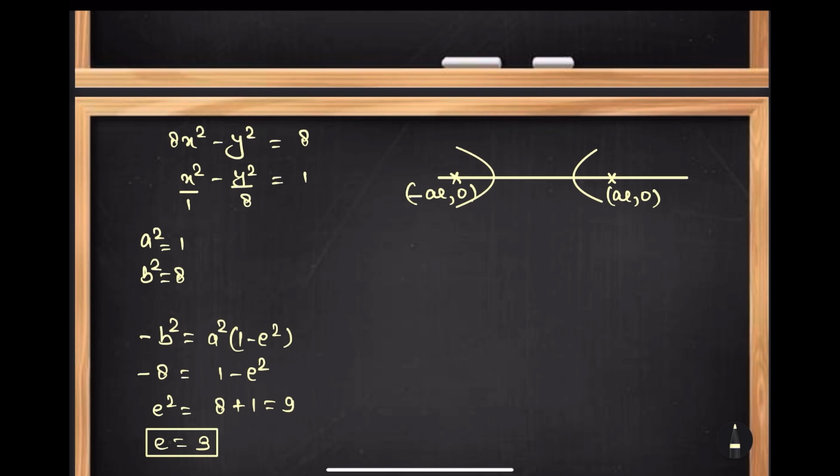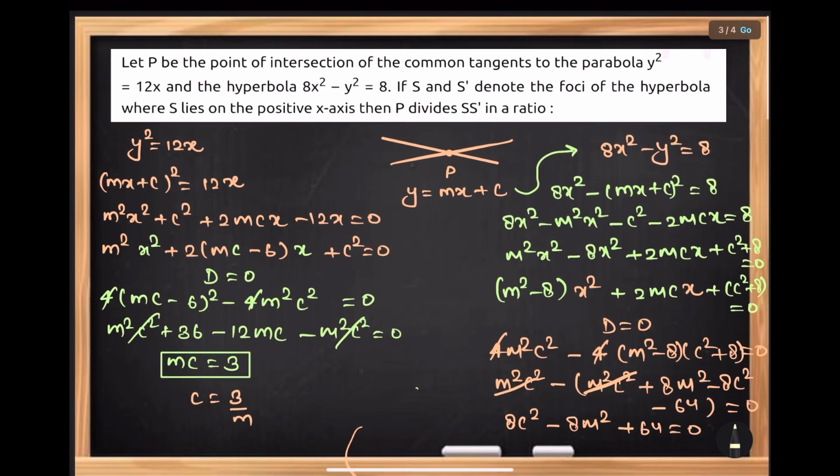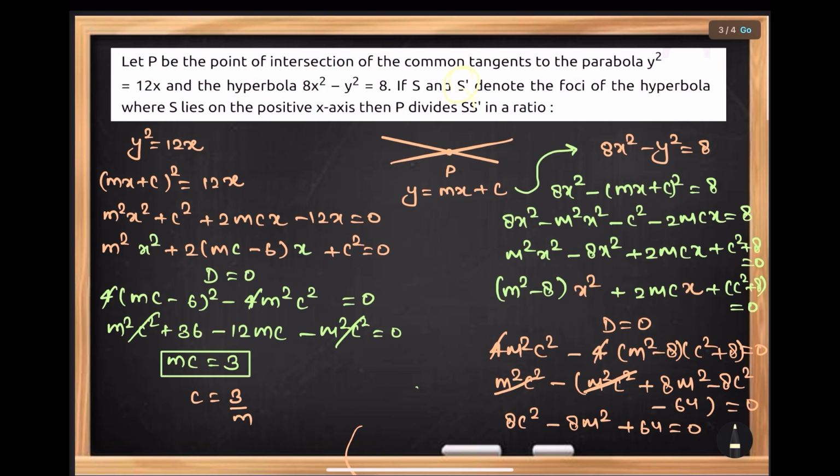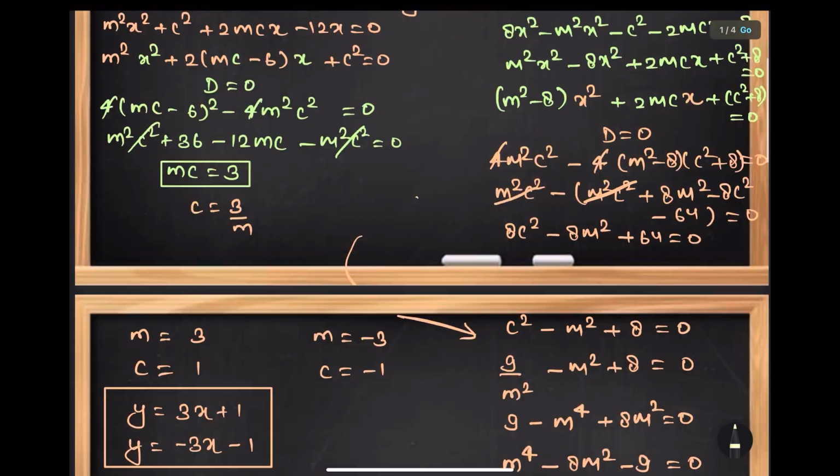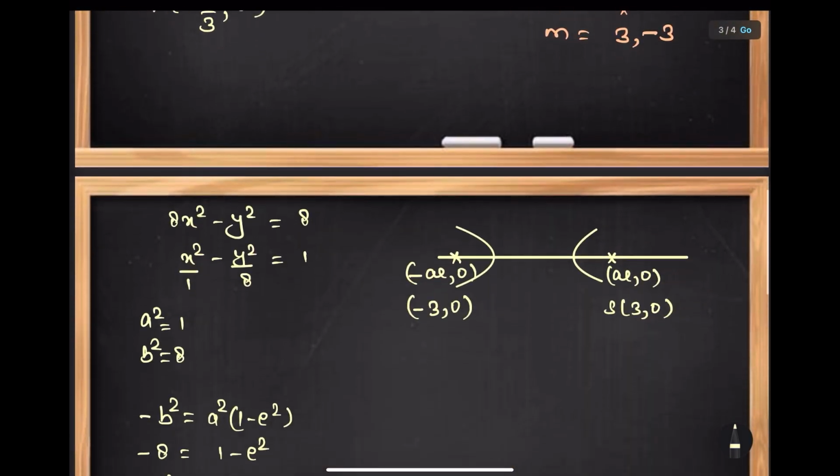Now this point S will become ae, so 3 comma 0, and S dash is minus 3 comma 0. You know that S lies on the positive x. So there we will have S and here we will have S dash, and somewhere in between them we will have P.